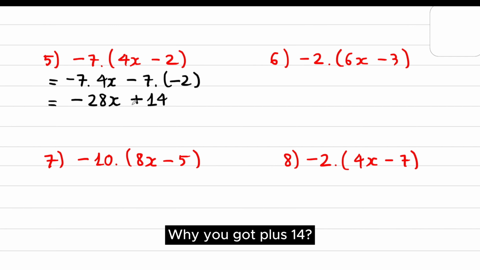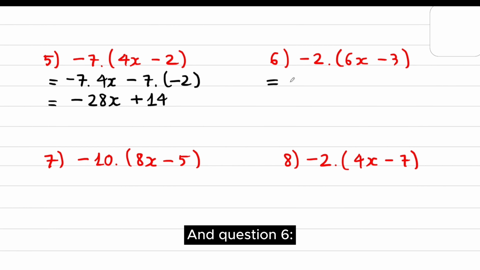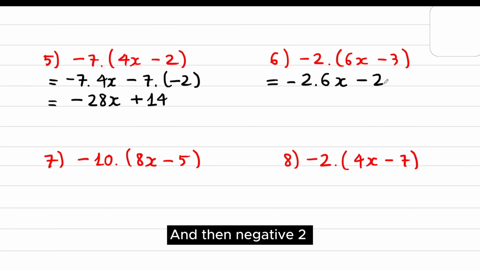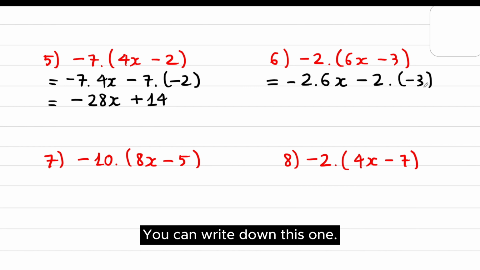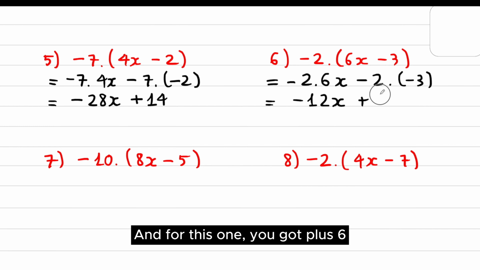Why do you get plus 14? Because you have negative times negative. So here is plus 14. And the next one, -2 times 6x, and then -2 will multiply -3. You can write it out like this. For this term you get -12x, and for this one you get plus 6, minus times minus is plus 6.